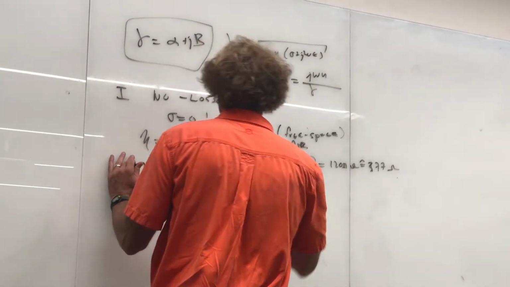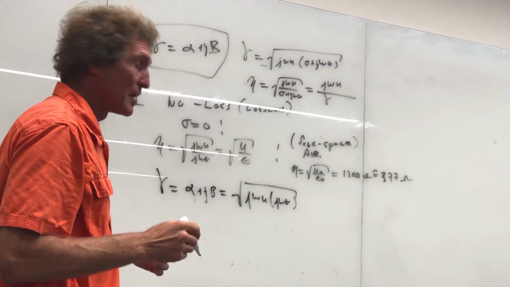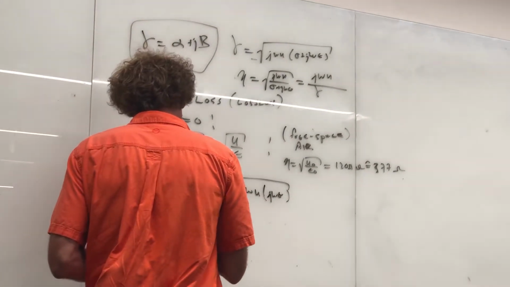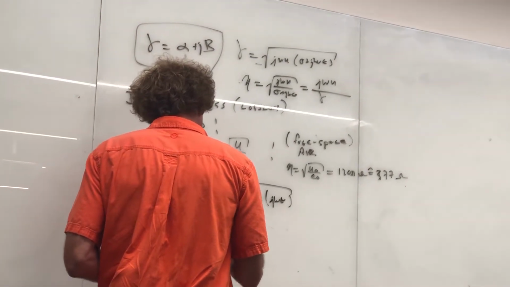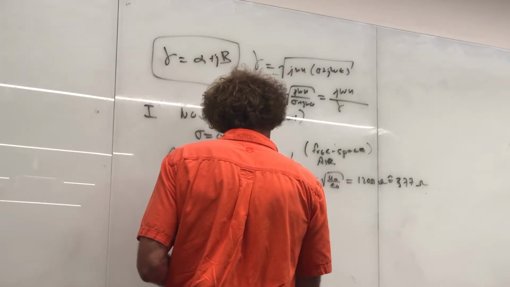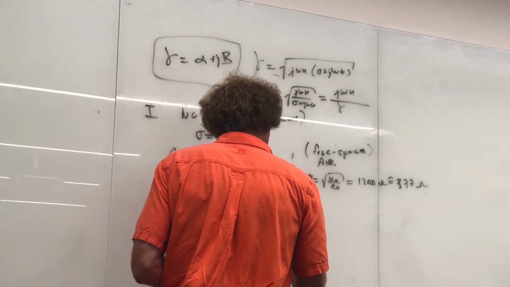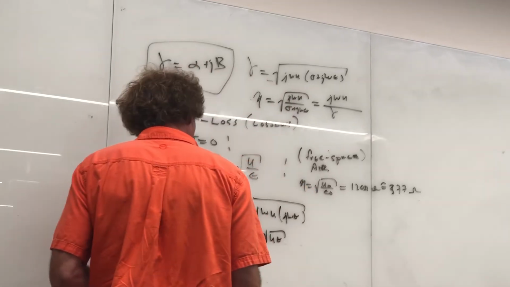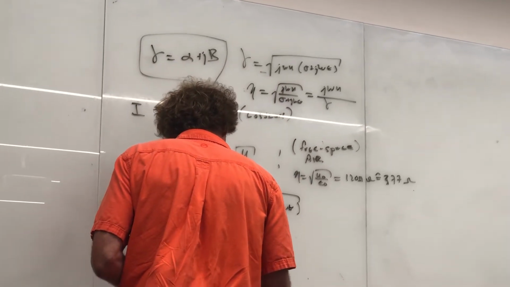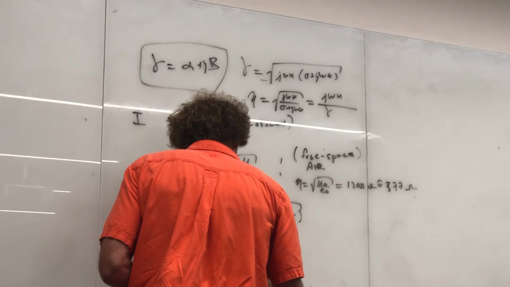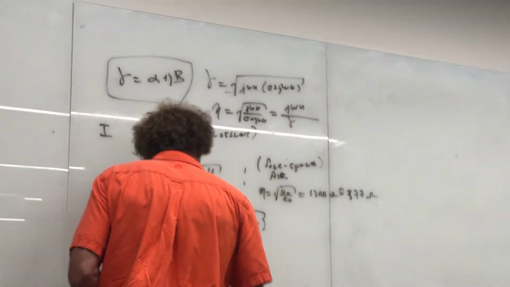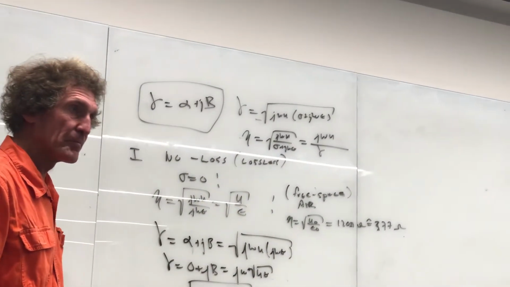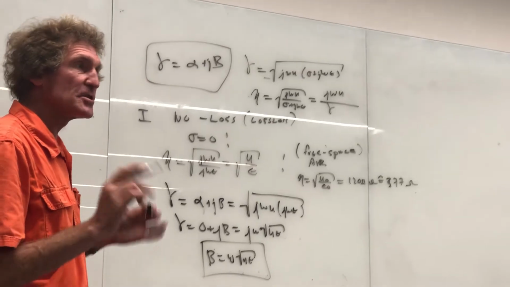Because sigma is 0 right here. Agree, class? Well, what's that? That means gamma is equal to 0 plus j beta, and that's equal to j omega times the square root of mu epsilon. And therefore, beta is equal to omega times the square root of mu epsilon. With me? This is again for a lossless medium.